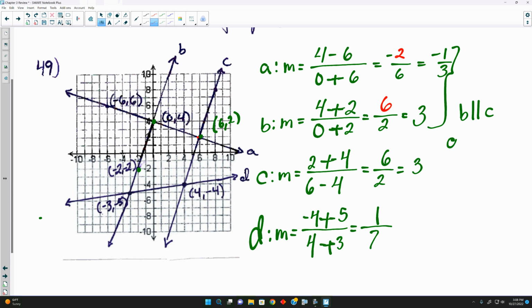So we can say A is perpendicular to C. Any other questions on any of this here? Since A is perpendicular to B and B is parallel to C, A is perpendicular to B and C. Since D does not match up with any of them, it's neither.